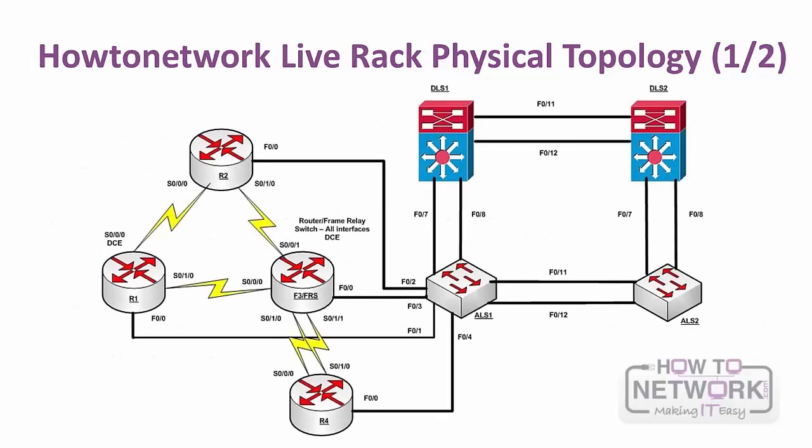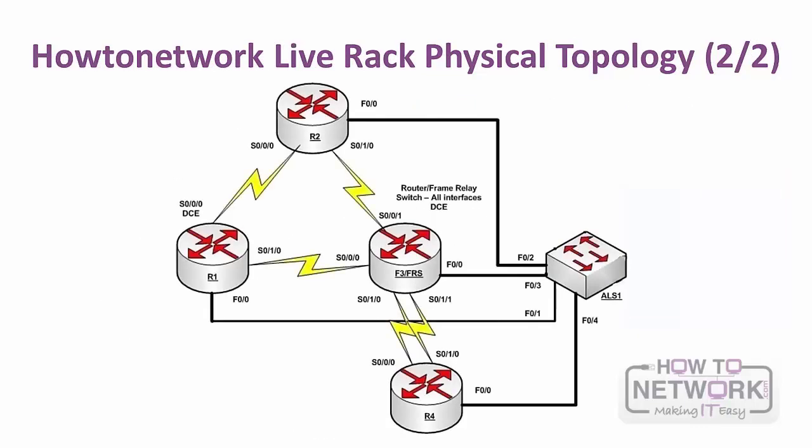This is the How-To Network live rack physical topology. You can ignore 3 switches, DLS1, DLS2, and ALS2, because we are not going to need them in our topology for this course. And if we remove them, this is what we get.